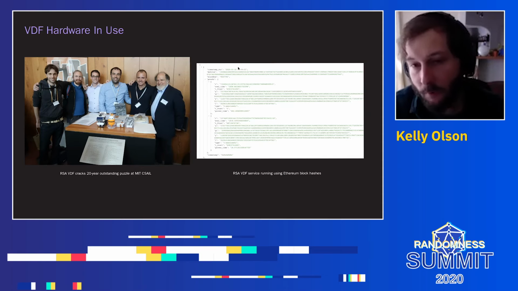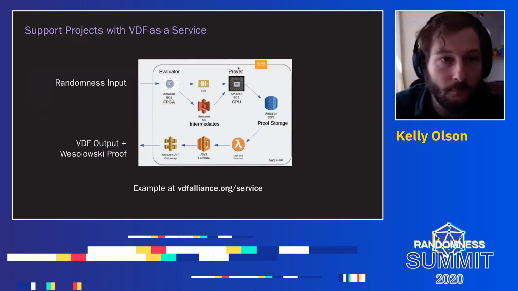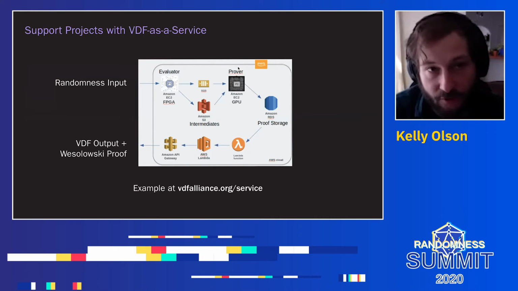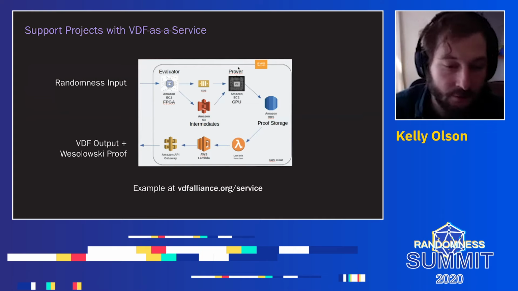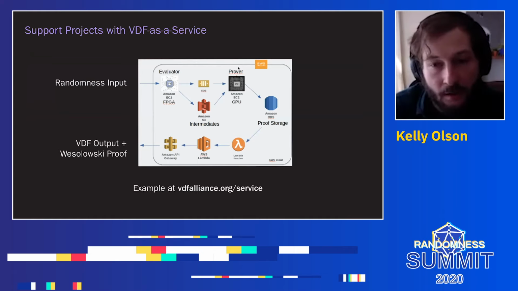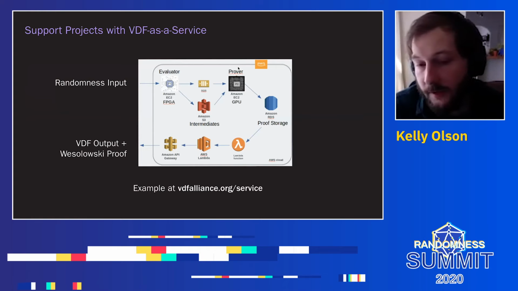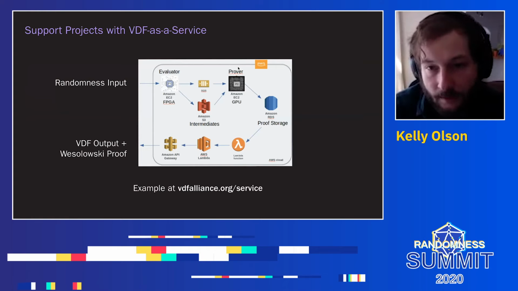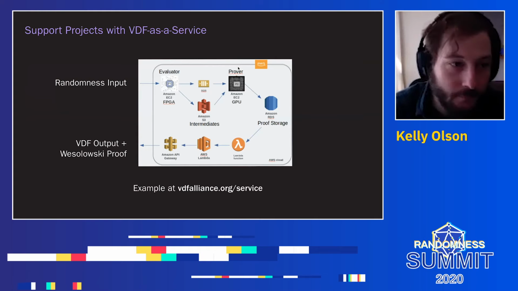As we move forward, we have two main goals. The first is to support projects with this VDF as a service. If you're a project that needs strong randomness and is operating on the Ethereum blockchain or another blockchain, one of the things we can do within the VDF Alliance is provide you with this fast VDF hardware.